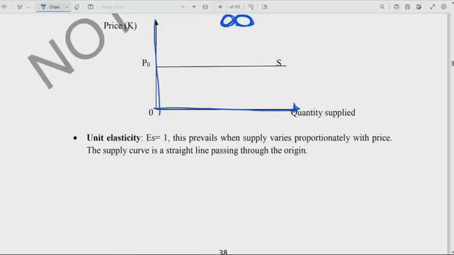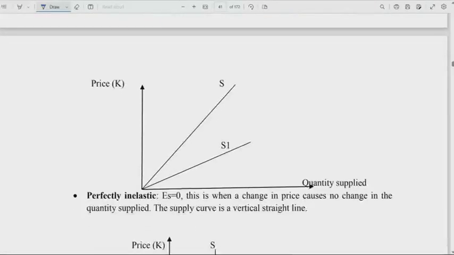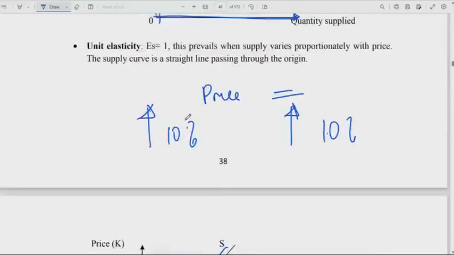What it means is that the rate of change in the price will be equal to the rate of change in the supply. That means if the price goes up by 10%, we expect that the supply will also go up by 10%. So in terms of this one, we'll have sort of that.